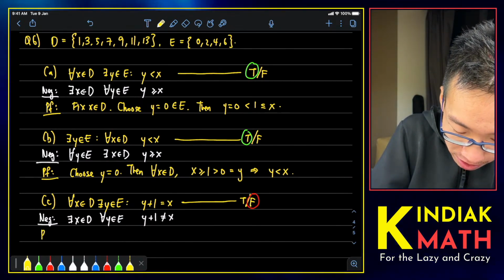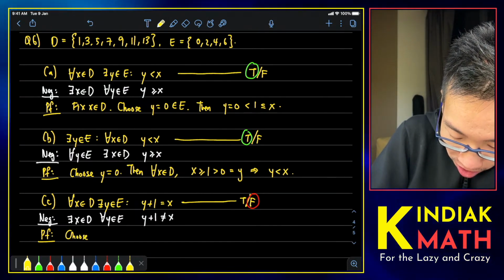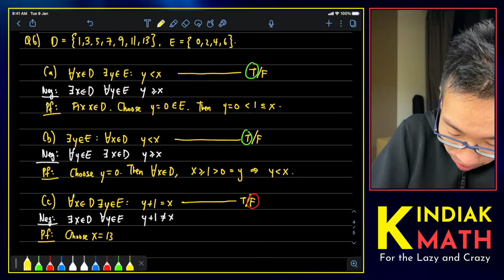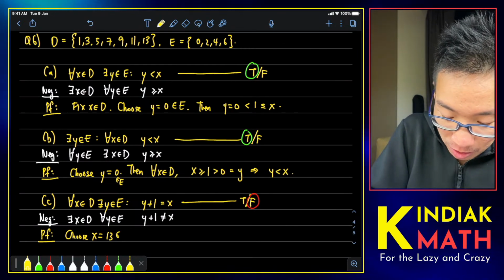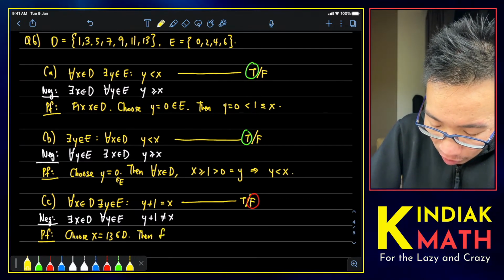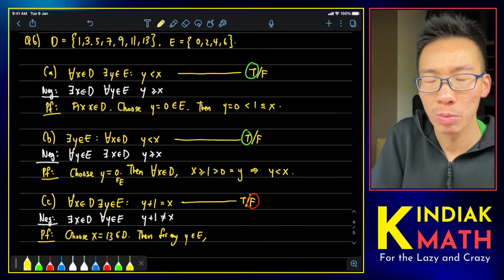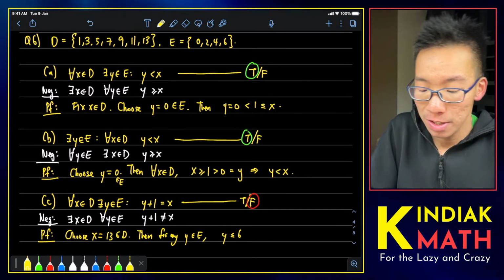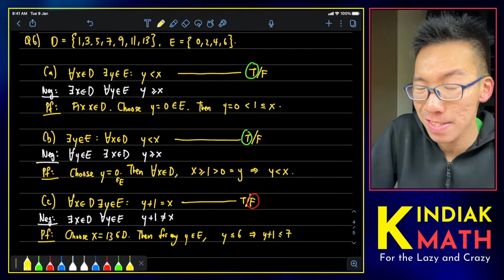Because we can choose a really large number in D. Say x equals 13. I think we should be precise here and say this belongs to D. So we choose x equals 13, which belongs to D. Then for any y in E, we'll notice that y is not more than 6, which means that y plus 1 is not more than 7.